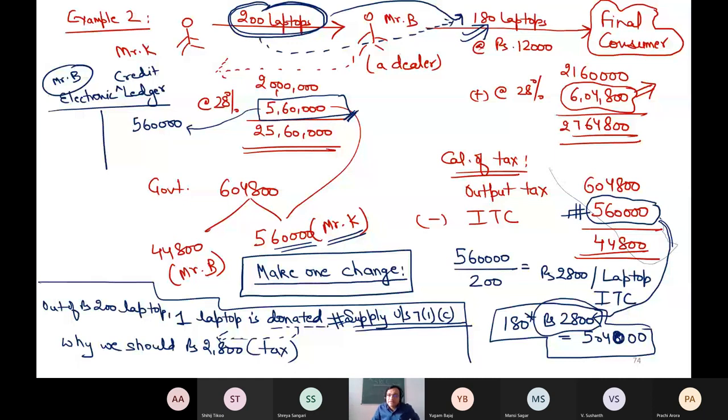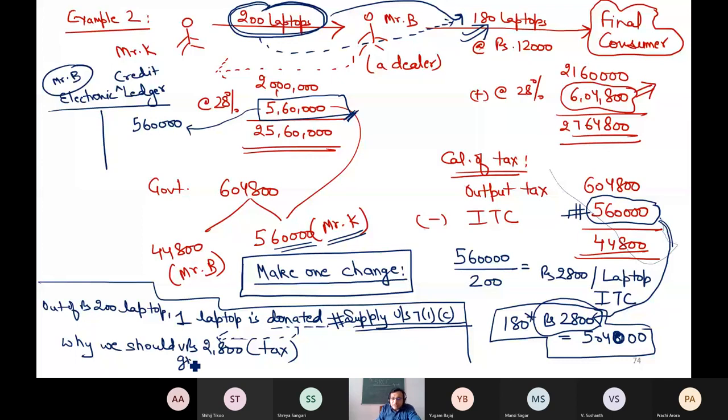Had you not taken ITC, but when you have availed ITC, then even if you are giving something without consideration, government says we will treat this as supply, because if we will not treat this as supply, technically we will lose our tax revenue. Point clear or not? So technically government is losing 2,800 if it is not treated as supply.